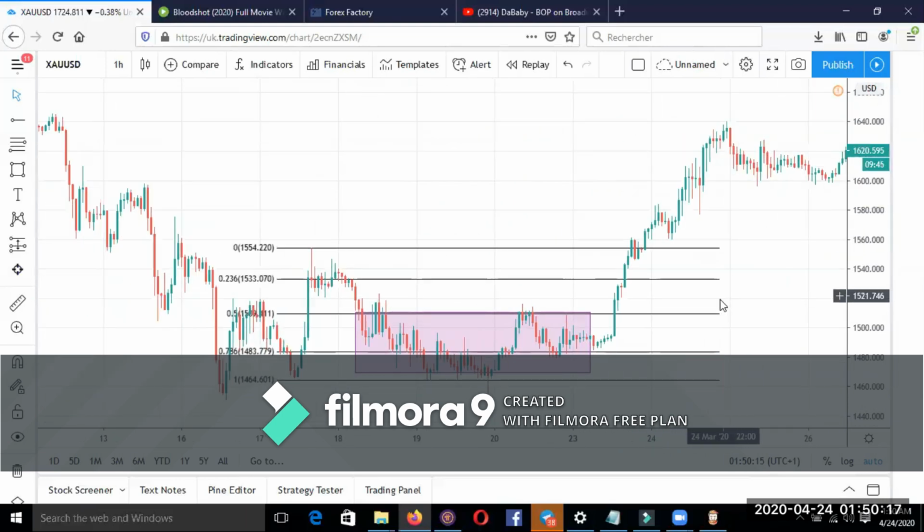That statement is true. You see here, you see the bands of optimum trade entry on the 1 hour at this area. At this area, we'll have a bounce.